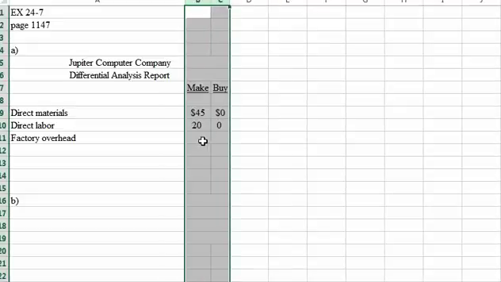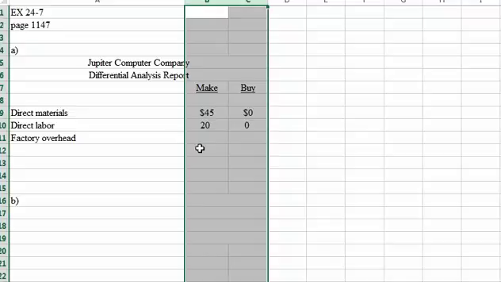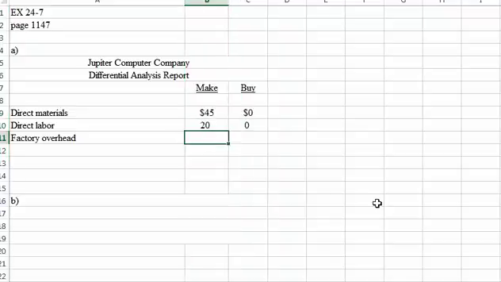So we only want to consider here the variable portion of factory overhead. They say variable factory overhead costs associated with the cases are 15% of direct labor costs.